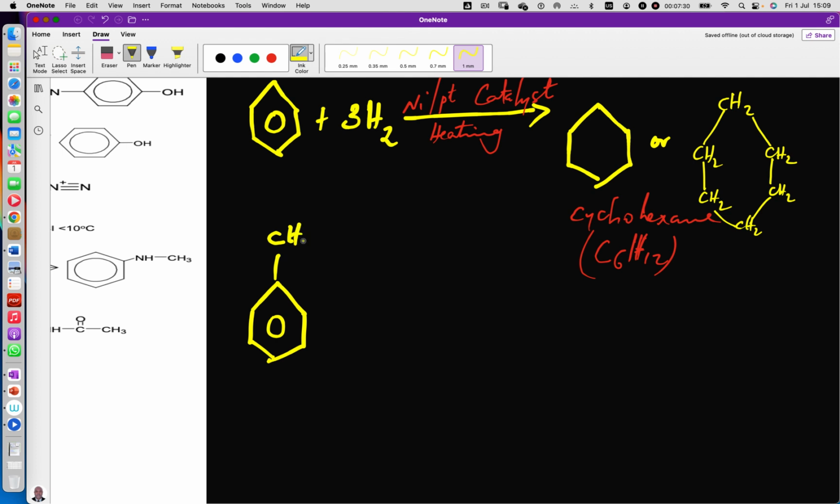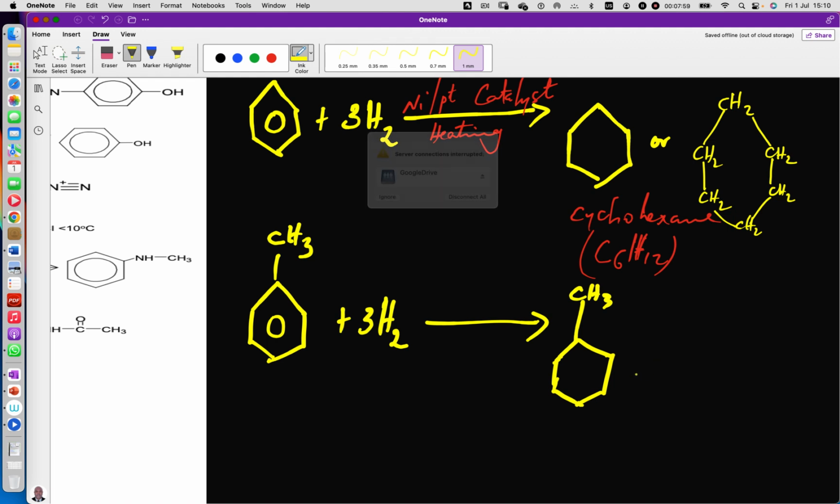Methyl benzene will still undergo the same reaction. It will give us methylcyclohexane.